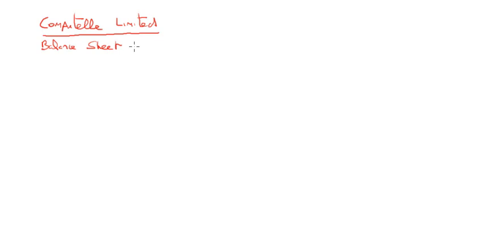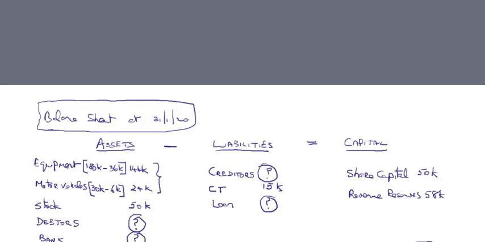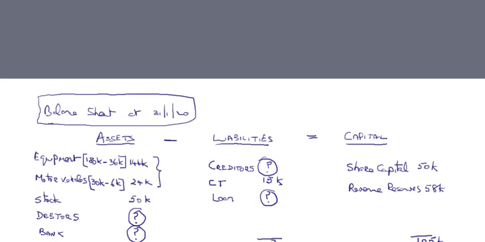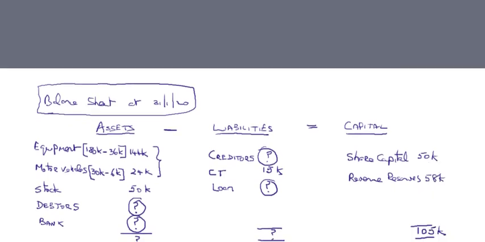Okay, and it's as at the 31st of January 2020. So we now have all the figures we need for the balance sheet. Remember, earlier on we were doing this equation and we were short of some figures.